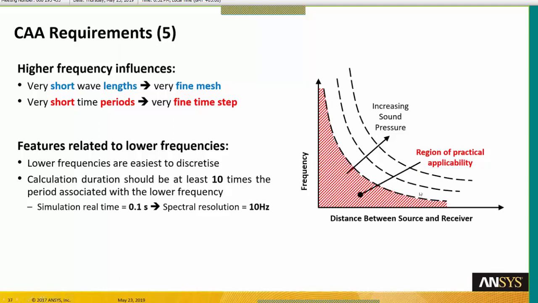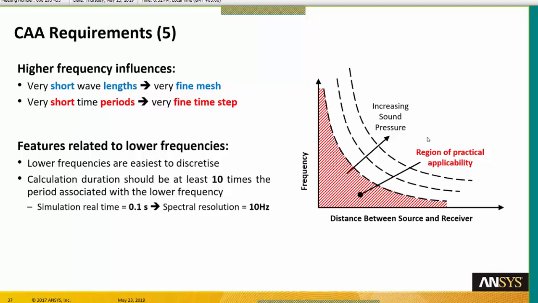But in between, you have a large domain where it becomes very difficult to capture because you still have a high frequency, but the distance is increasing, and usually it's very difficult to capture the proper propagation of these acoustic waves.